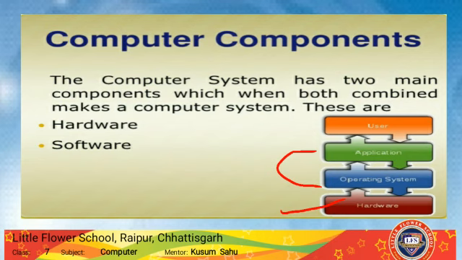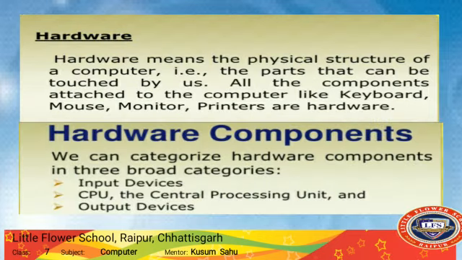output devices. Now let us learn about the first component, that is hardware. Hardware means the physical structure of a computer, that is the parts that can be touched by us. All the components attached to the computer.